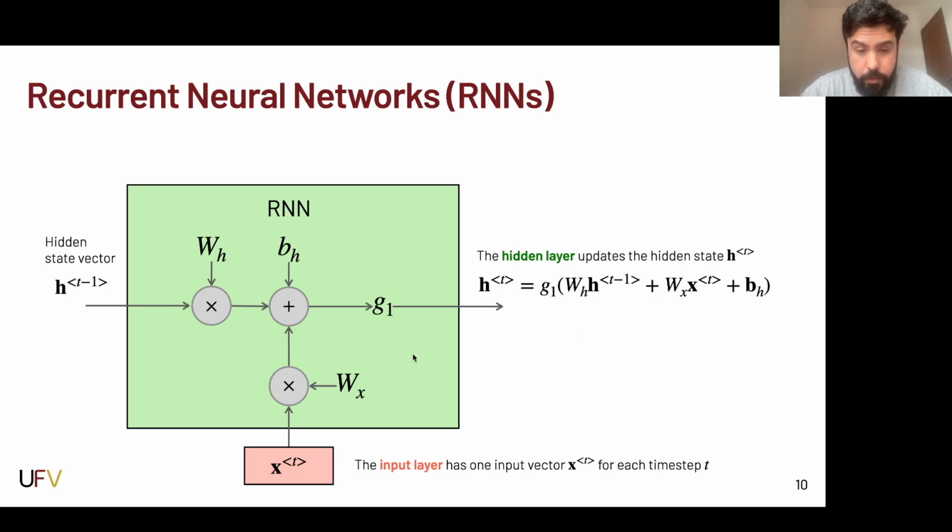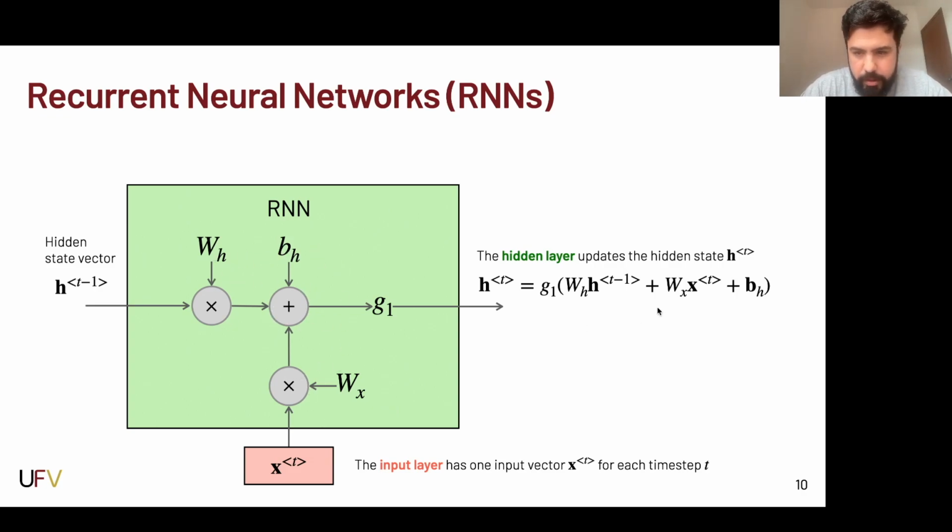So if you look here, this is g1 of, there is a plus here. This plus represents these two pluses here. I'm summing this term, W h t minus 1, which is this part, and then the second term is this term at the bottom. I'm summing these three terms.